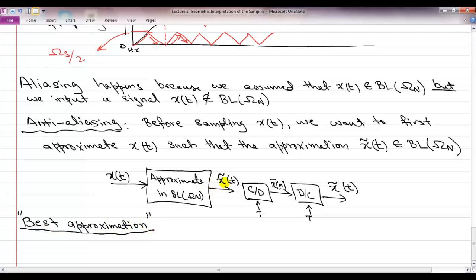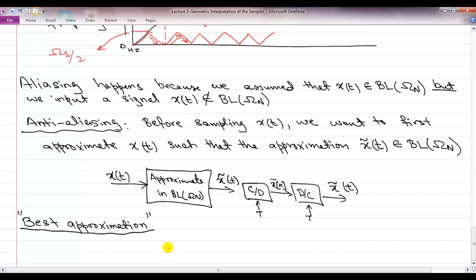We want to make sure that the x tilde of t that comes out of this box, and we will figure out what this box should look like, is as close to x of t as can be possible without sacrificing the condition that it has to belong to the class of band-limited signals. So we are looking for the best signal in the class of band-limited signals.